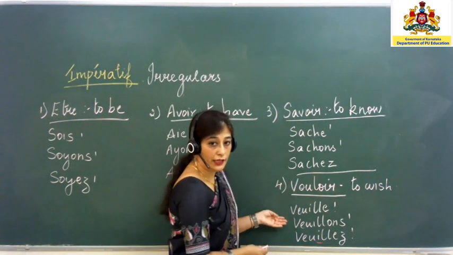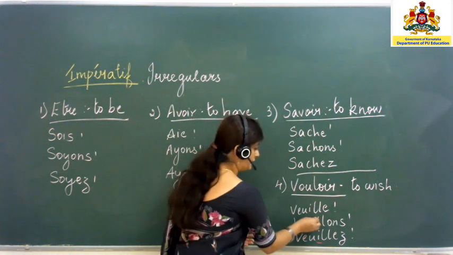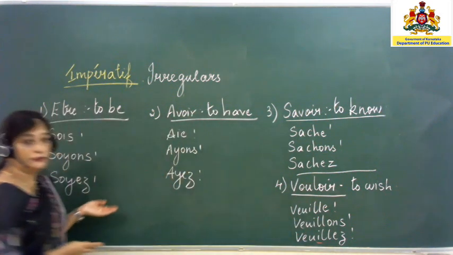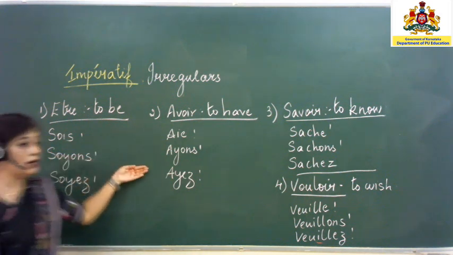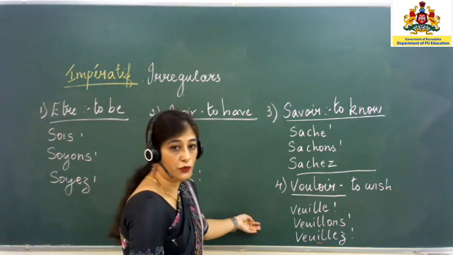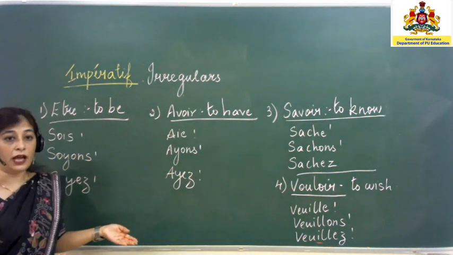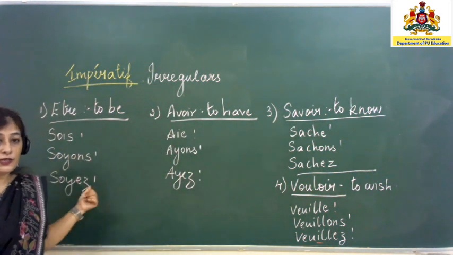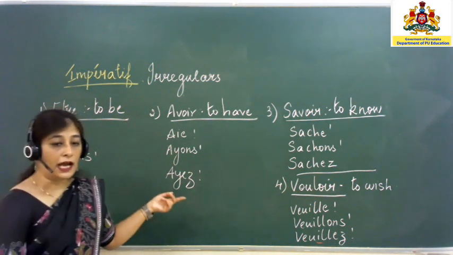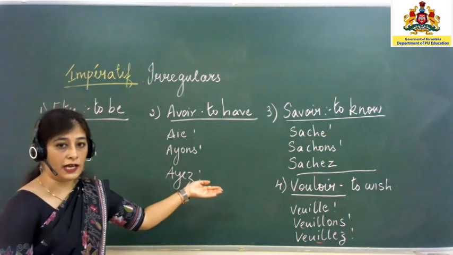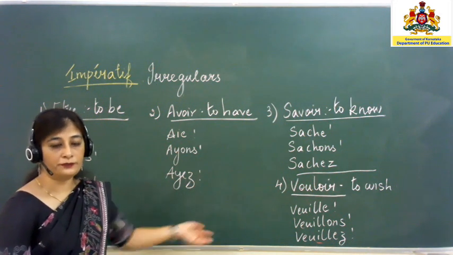It's veuille, veuillons, and veuillez. Fine. So these are the four irregulars under imperative. Être, avoir, savoir, and vouloir. These are the only four irregulars that you will be learning under imperative. The first one is être: sois, soyons, soyez. Avoir: aie, ayons, ayez. Savoir: sache, sachons, sachez. Vouloir: veuille, veuillons, veuillez.